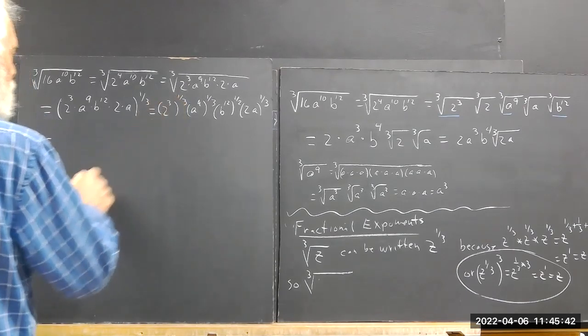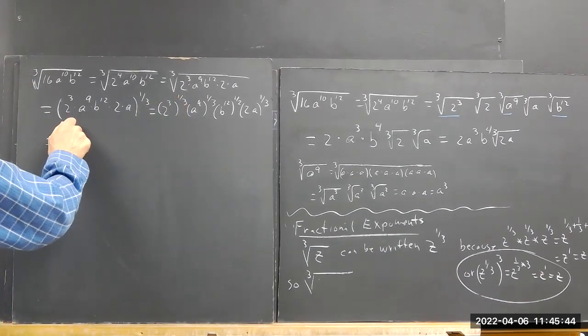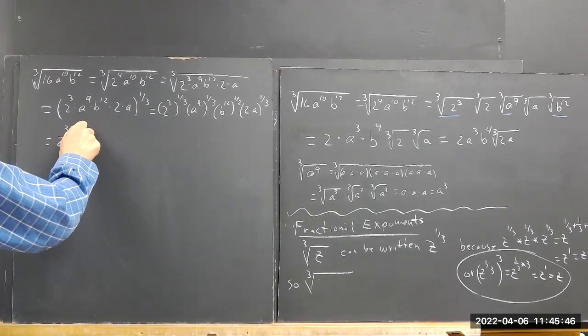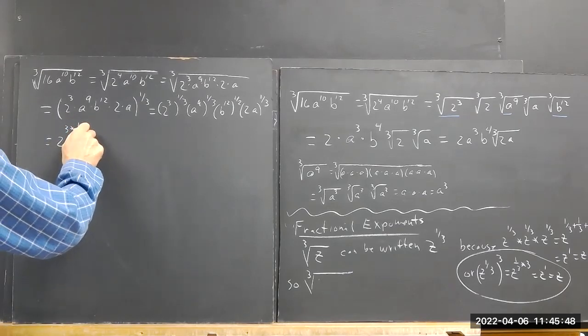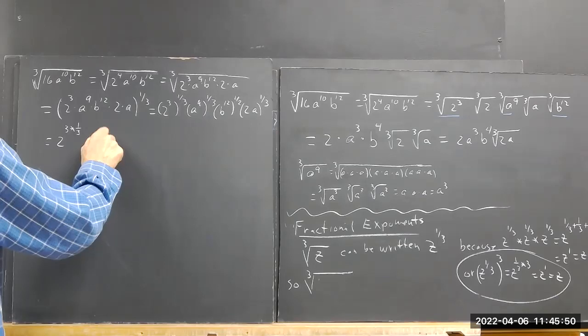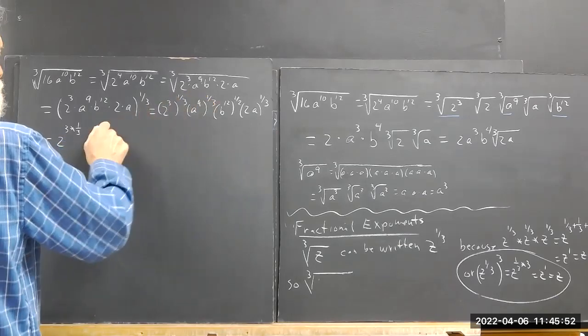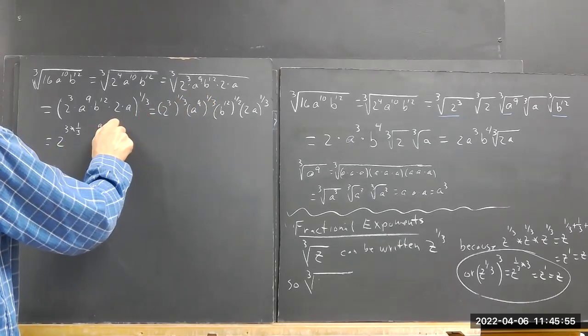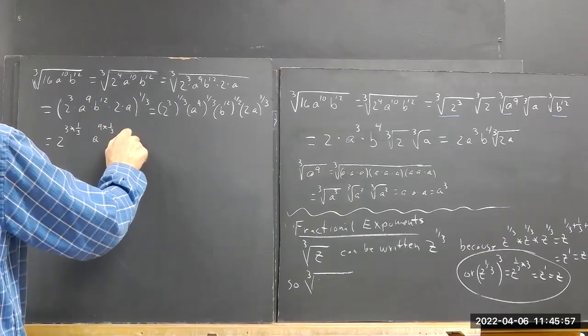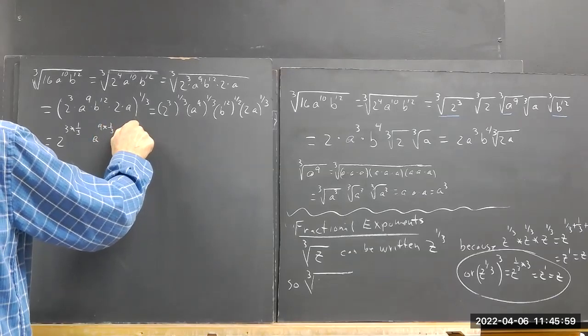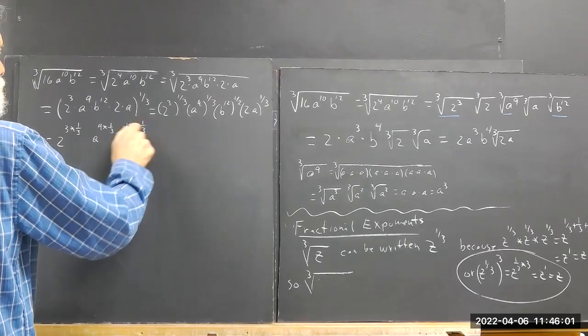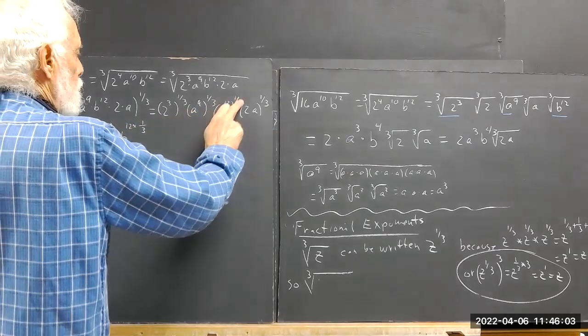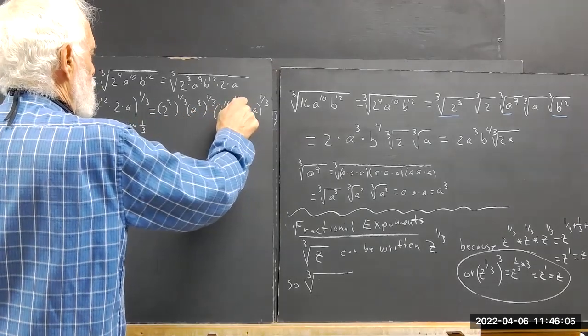Now 2 cubed to the 1/3 is 2 raised to the 3 times 1/3. And then a raised to the 9 times 1/3. B to the 12 times 1/3, and that should be 1/3 of 1/2.